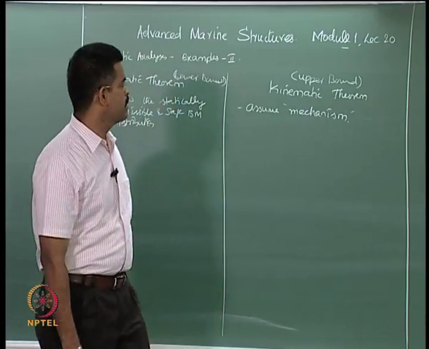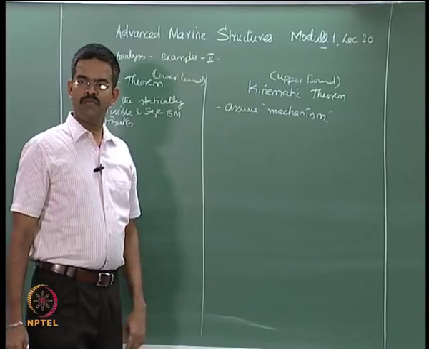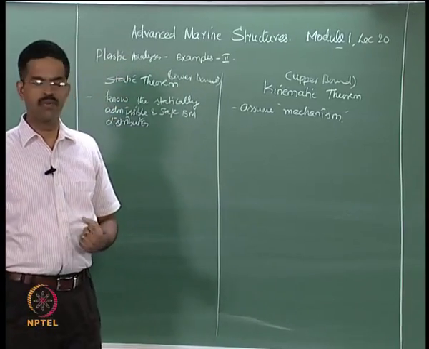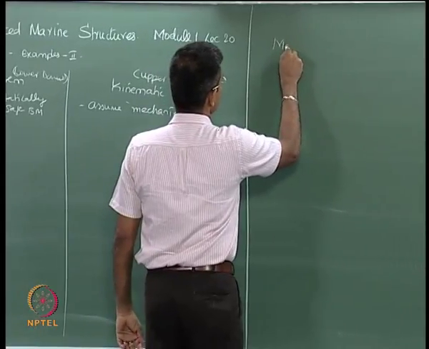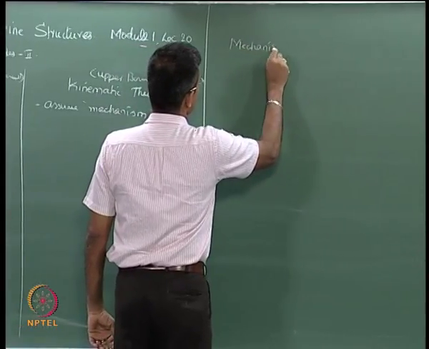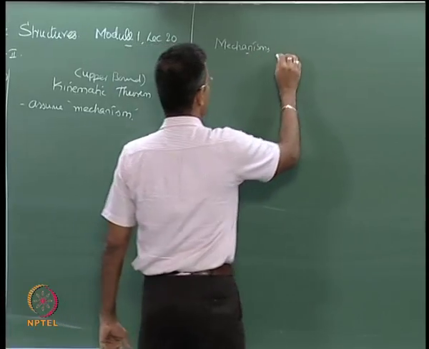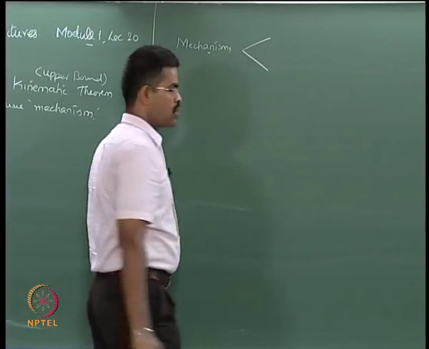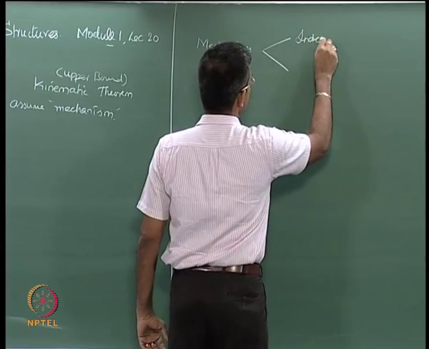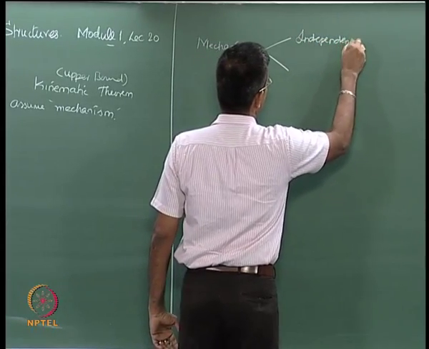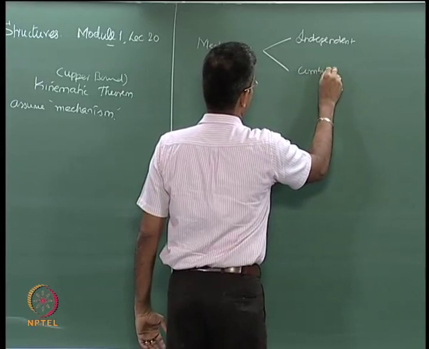Okay. So, talk about mechanism, there are different kinds of mechanisms available which we must understand. So, I can divide this globally into two. One is what we call as an independent mechanism, other is what is called as combined mechanism.